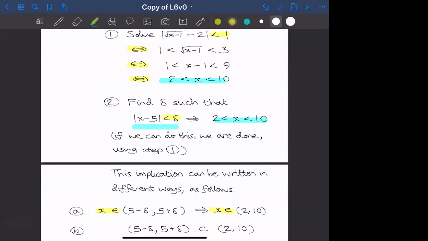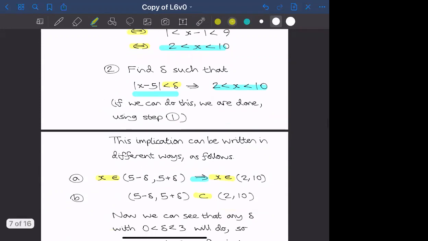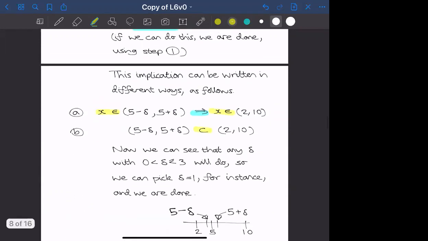And that implication here, that's the same thing as one interval being inside the other. So, oh yeah, I drew a picture of this.